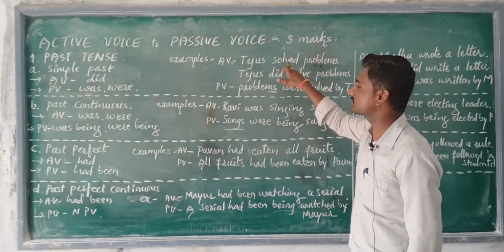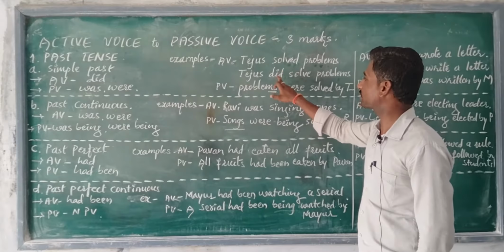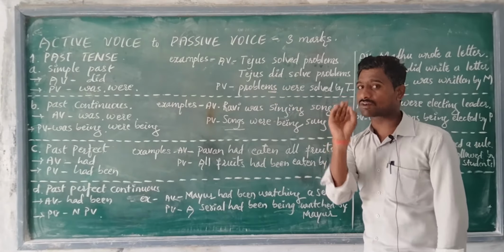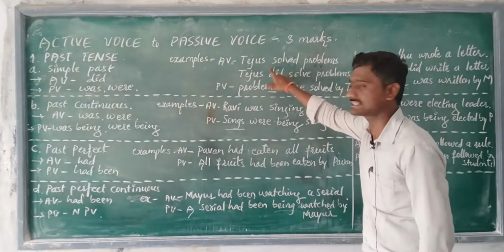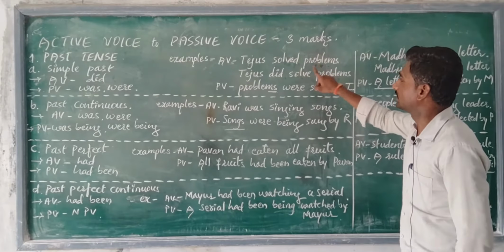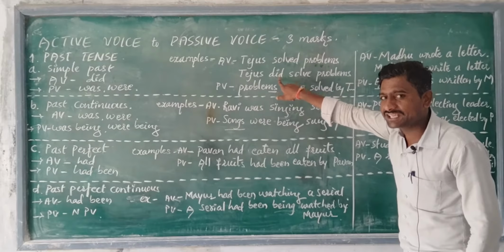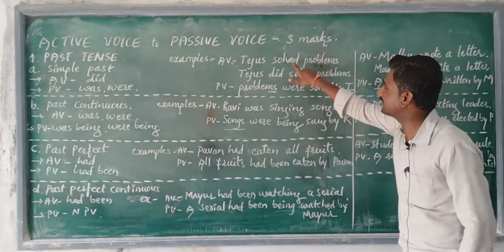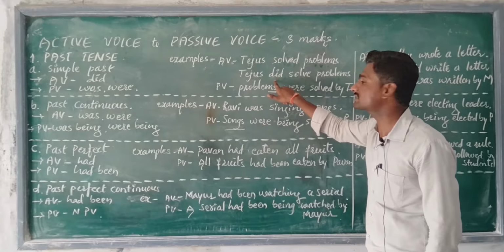If you write solved, you are not supposed to write did. If you want to write the did helping verb for the active form in this statement, you should not write solved. If we write solve, we should not write did.